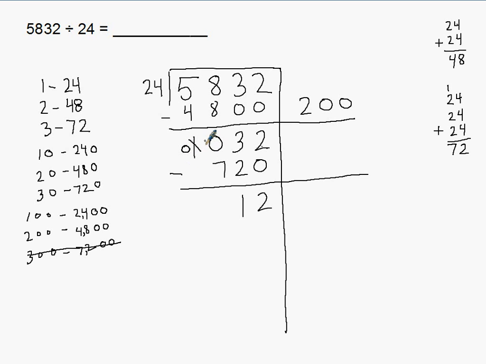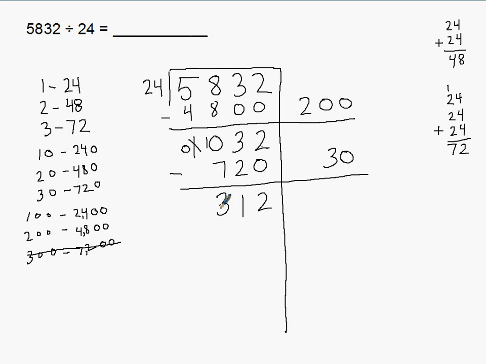Leaves me 0. Put the 1 here. 10 minus 7 is 3. Gives me 312. And what did I multiply to get 720? Well, I multiplied 24 times this 30, so we're going to put this 30 out here to the side. Make sure we keep it lined up.